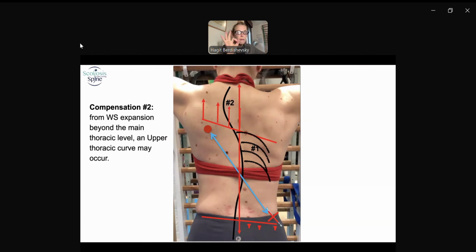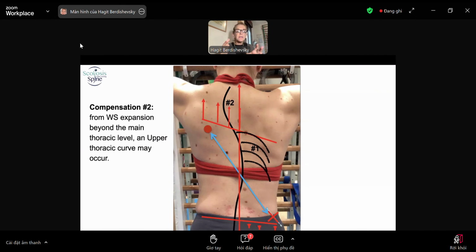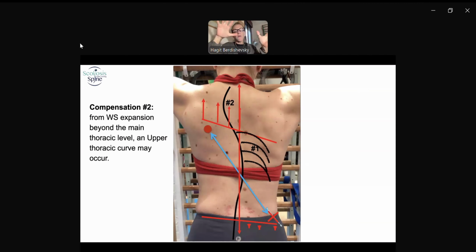So I want you to be familiar with those two compensations happening if you are over-trying, enthusiastic, when you are correcting your main thoracic from the right to the left and you're crossing the stop point, and your right side will start to collapse, the ribs, and your upper thoracic will come up. Any curve type that has thoracic will have these common compensations.